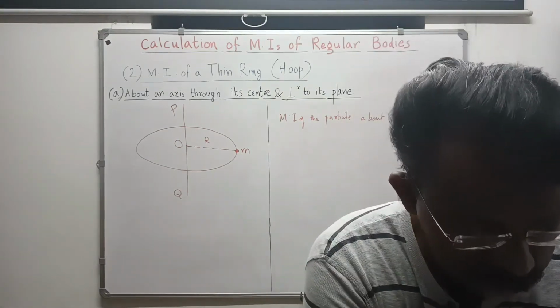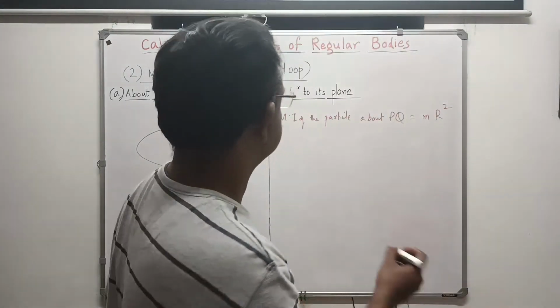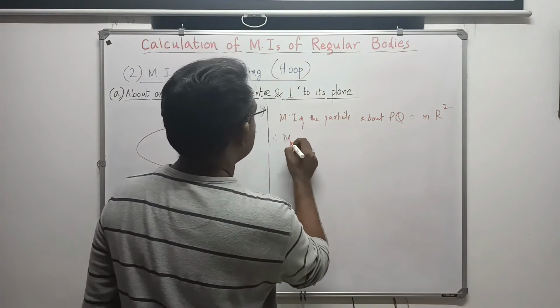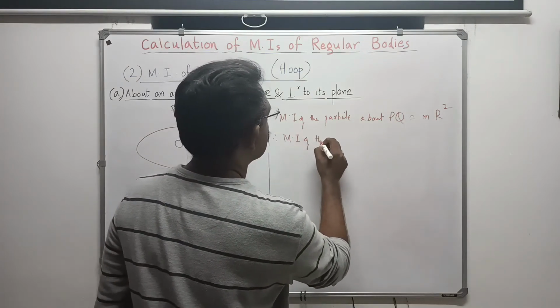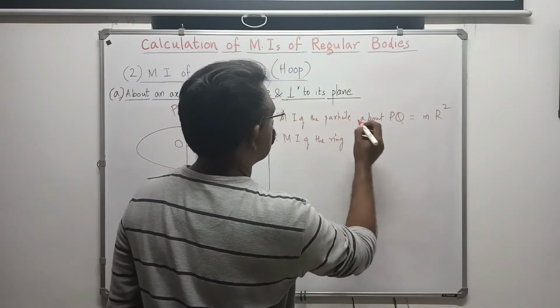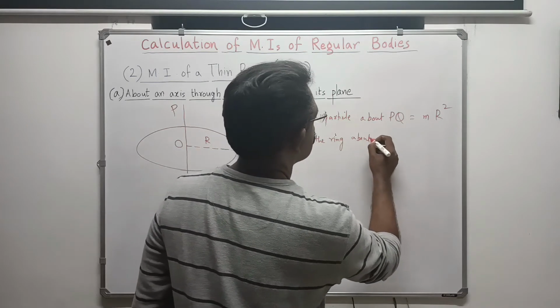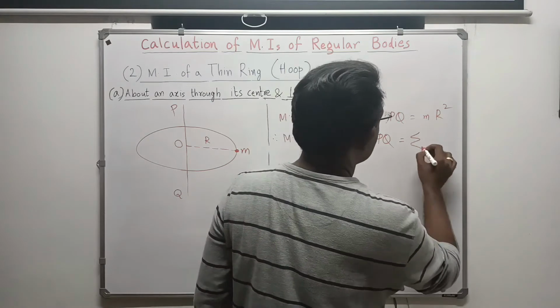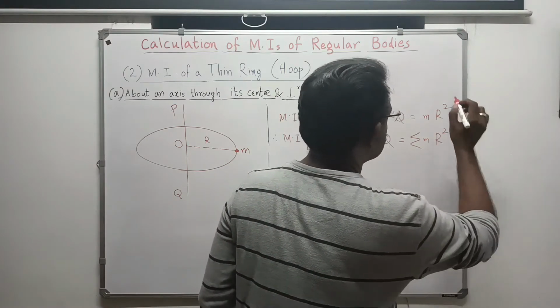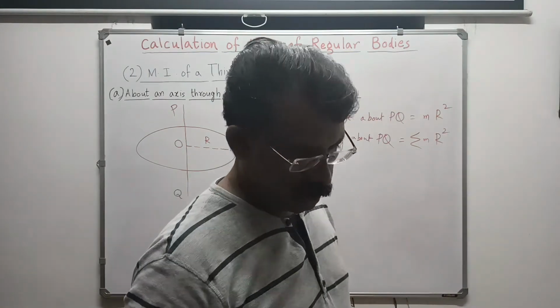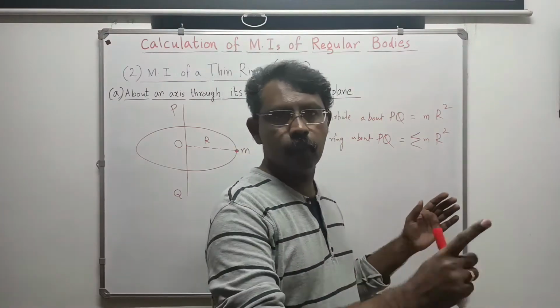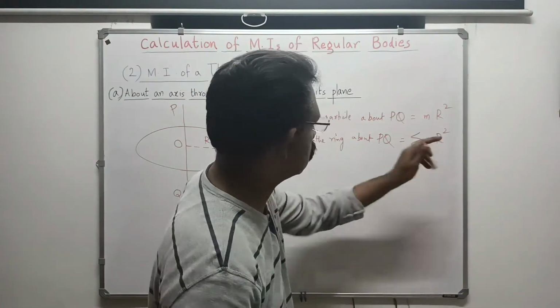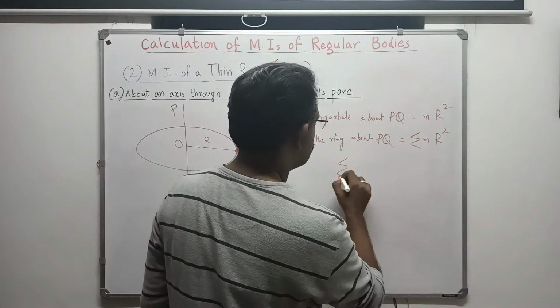So what is the next step? The next step will be, therefore, the moment of inertia of the ring about the axis is equal to sigma m r squared. The logic here is that this ring is made up of all such elements. So sigma m, what is sigma m?